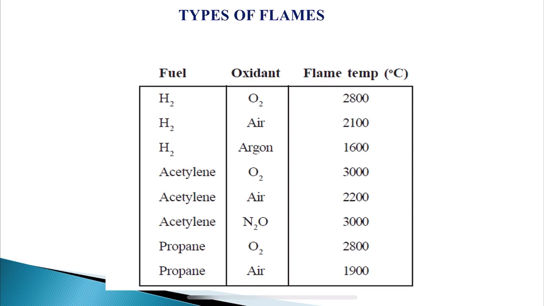Suppose we have barium in the given solution, then the emitted wavelength will be 554 nanometer and the flame color will be lime green. So a lime green flame will be observed if barium is present in the sample solution.